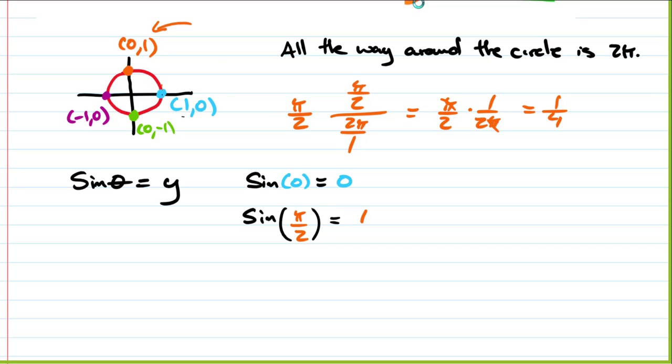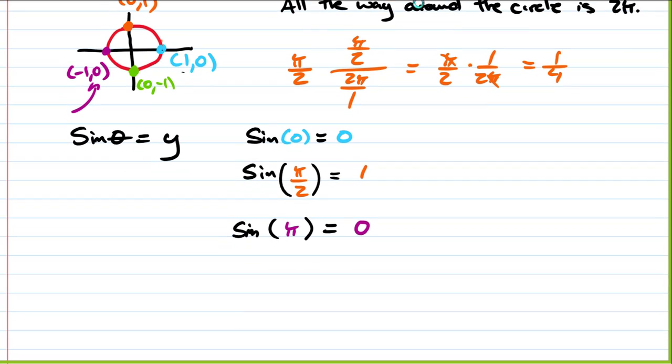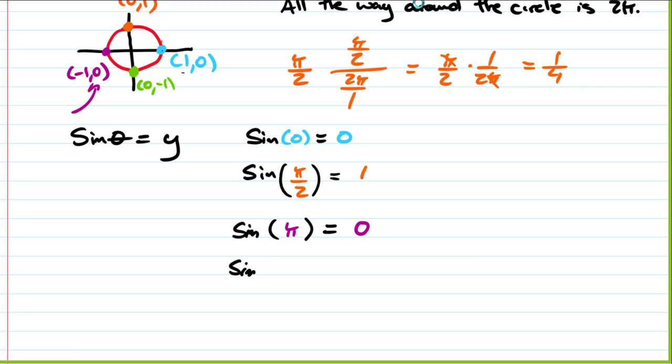If we want to calculate the sine of pi, we determined pi was halfway around the unit circle, so that was going to be here. So our y value here is once again 0. So the sine of pi is 0. And lastly, we want to do the sine of 3 pi divided by 2.